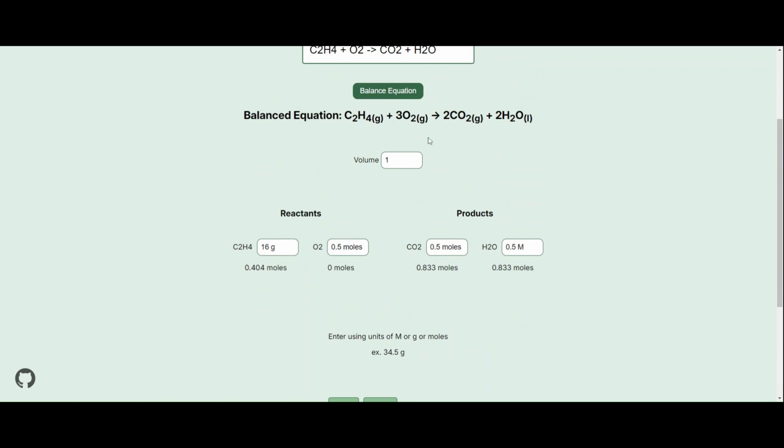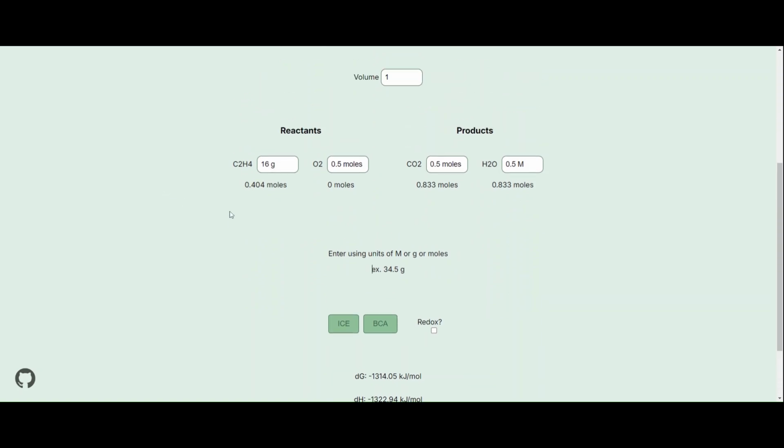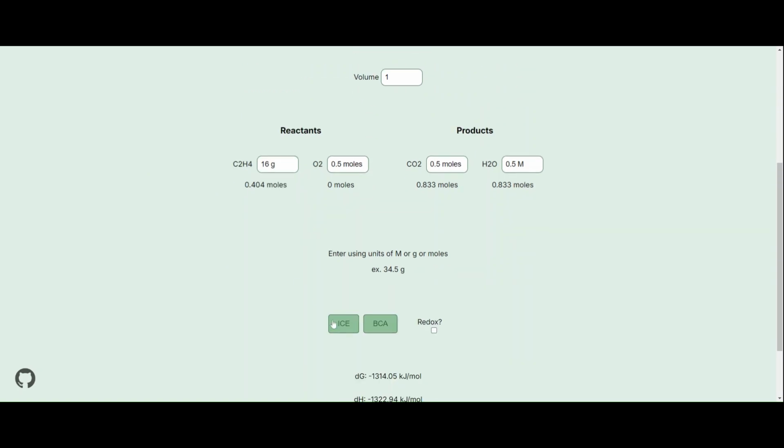So for the example's purpose, we will change this K value to 45. And similar to the BCA calculator, we can input any units we like, whether it be molarity, grams, or moles.